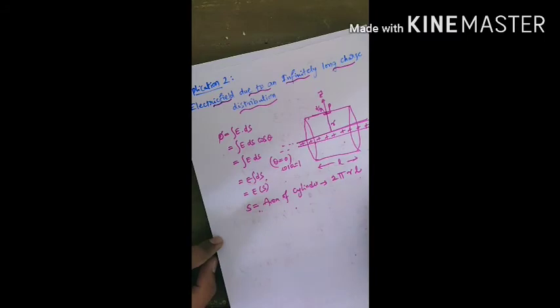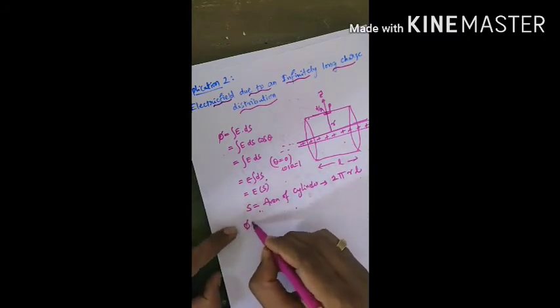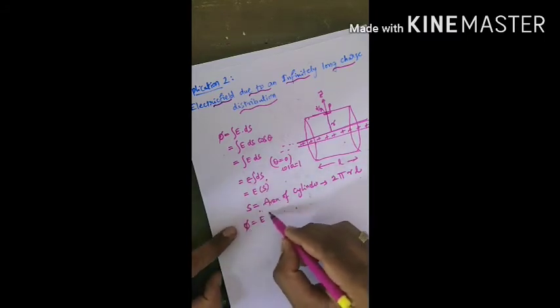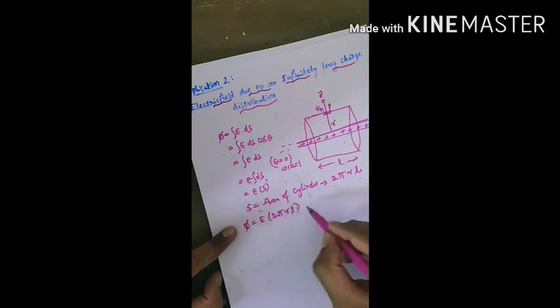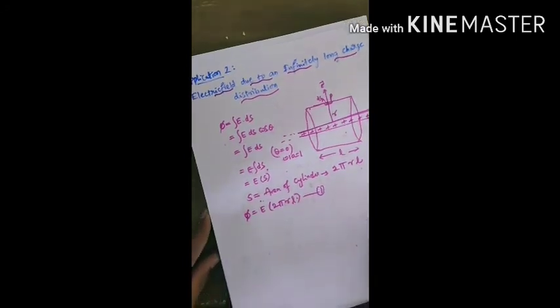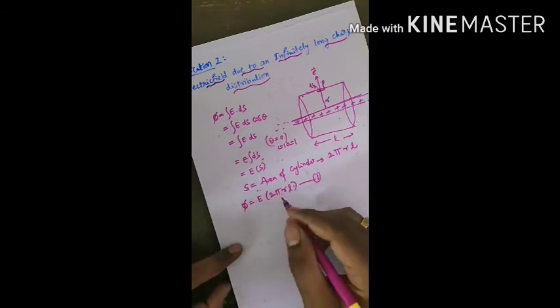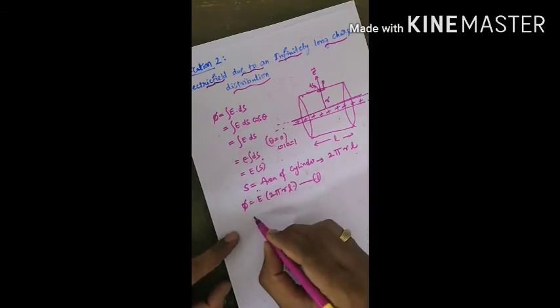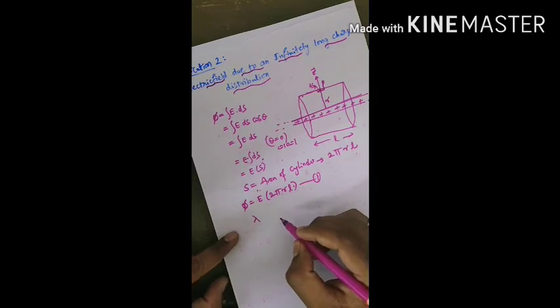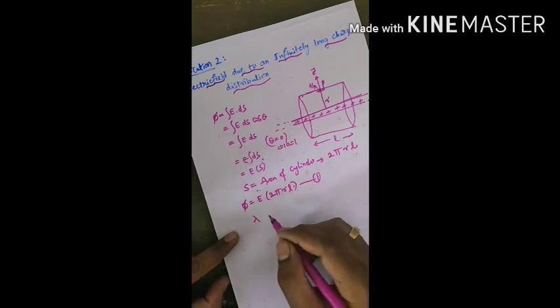So phi is equal to E into S, I am writing 2 pi r L. That is equation 1. Okay, so next we have to know the charge density. Here charge density means the charge enclosed by the Gaussian surface.